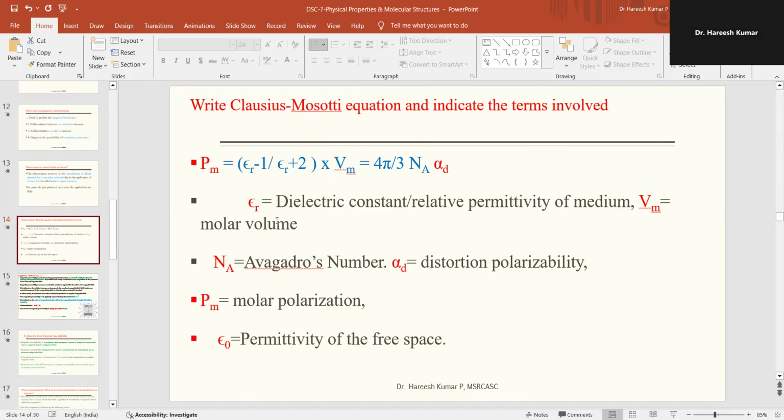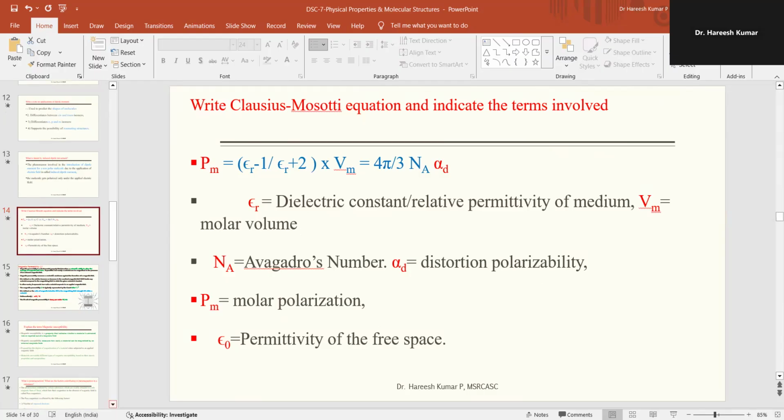Here, epsilon r is the dielectric constant or relative permittivity of the medium, Vm is the molar volume, Na is the Avogadro's number, alpha d is the distortion polarizability, Pm is the molar polarization, and epsilon naught is the permittivity of free space.